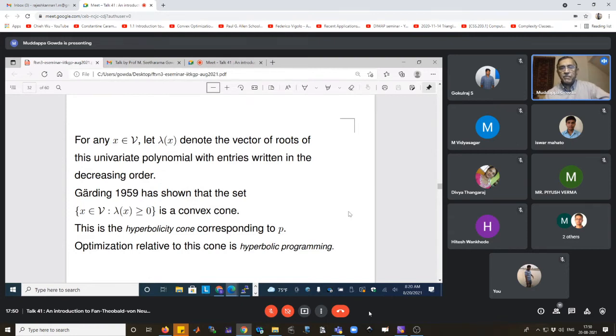Then this hyperbolicity cone is nothing but the semidefinite cone, and the corresponding optimization leads to the semidefinite program. So this current question in optimization deals with hyperbolic programming, whether linear programs on this hyperbolicity cone can be solved in polynomial time or not.